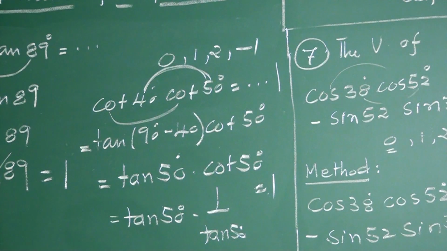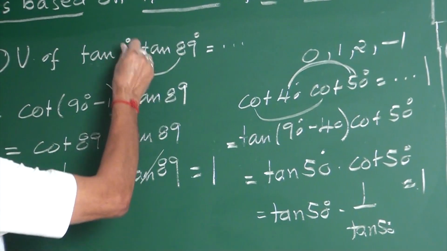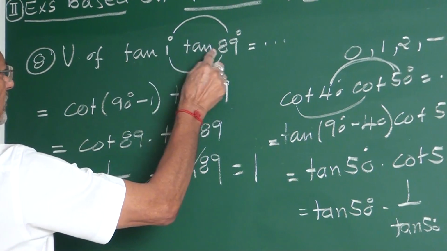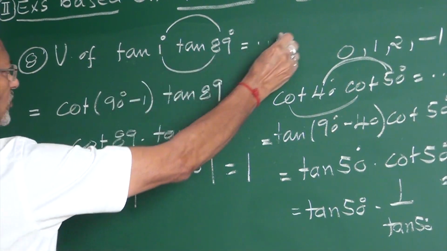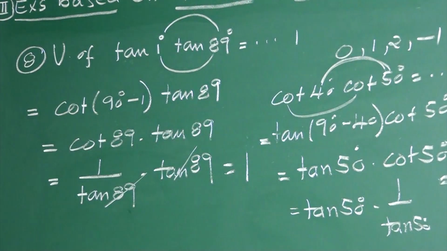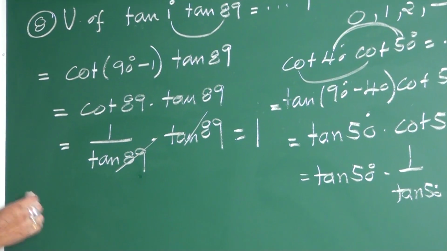Here, in case of tan, both are tan. What is the sum of the angles? 1 plus 89 is 90. So the product is 1. Therefore, my friend, this is your CET question.